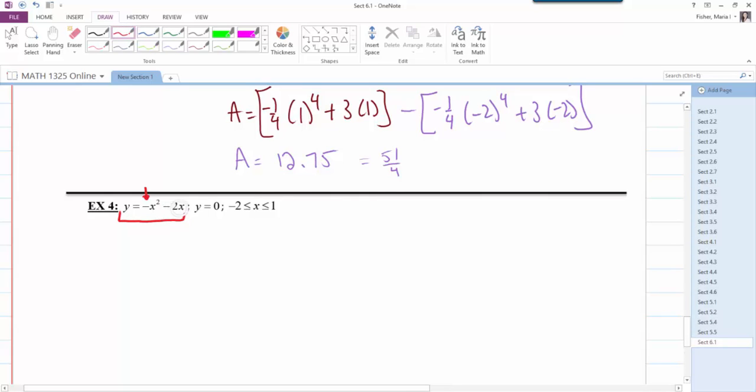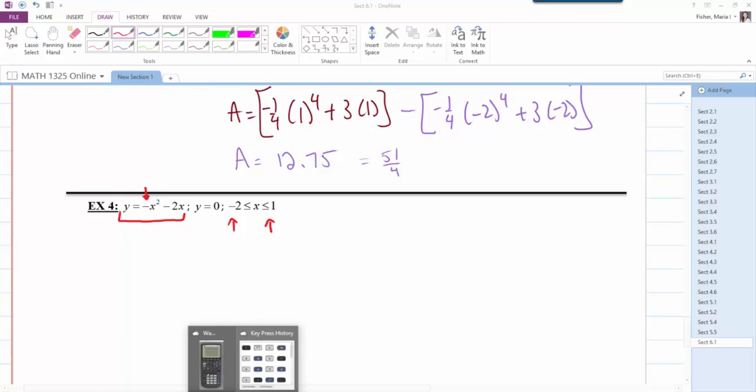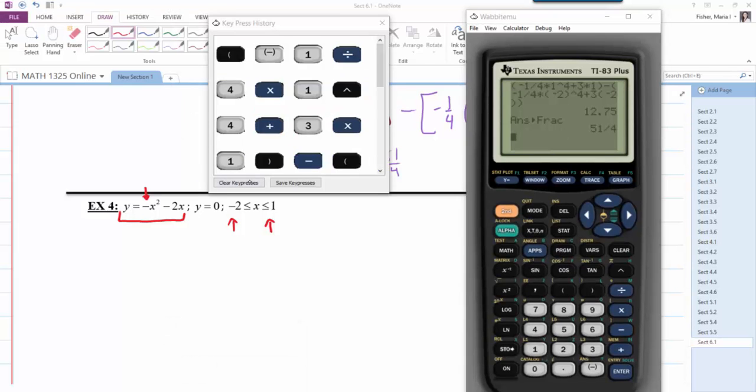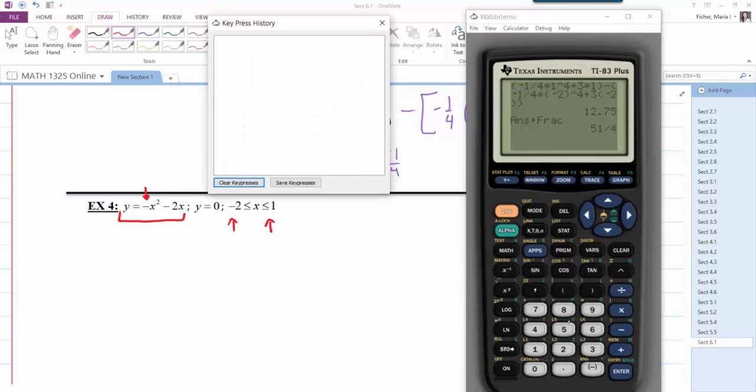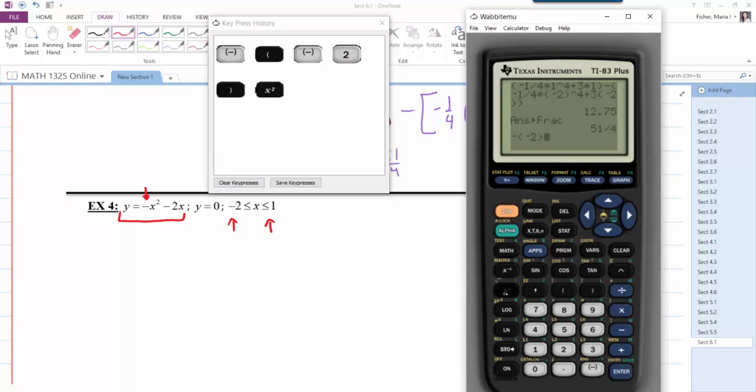So since it's not in standard form, the easiest way to graph this is just to figure out what's happening at negative 2 and what's happening at positive 1. So if I plug in a negative 2 in place of my x here, I know that I would get the negative of negative 2 squared minus 2 times negative 2.